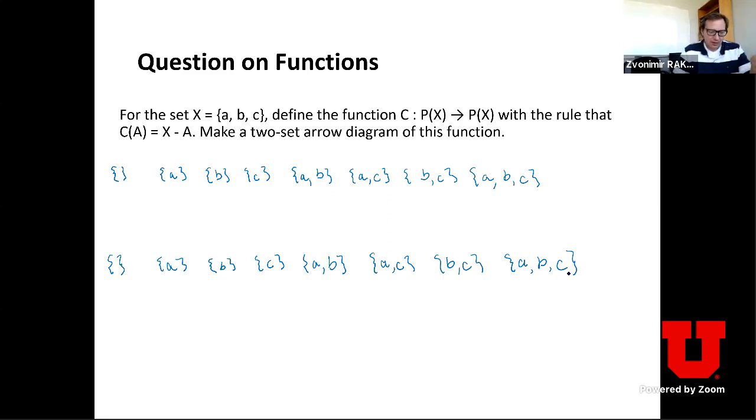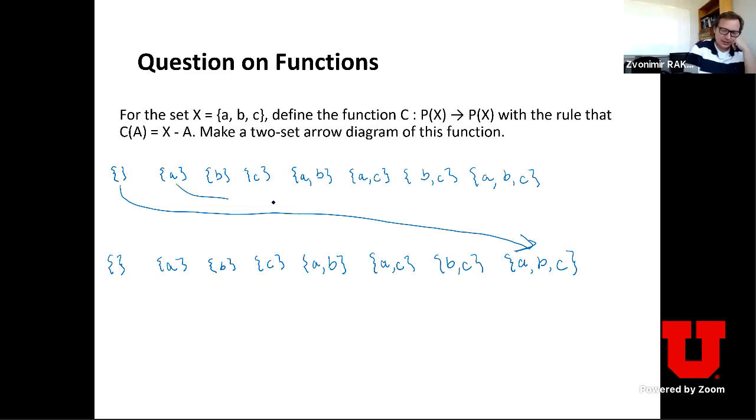Okay, so now remember, functions map each element of your domain into an element in the codomain. So let's go through all of them. So empty set. So X is ABC. So we have ABC minus empty set. So that's just ABC. So this is going to map to this one. Then we have ABC minus A. So that's BC.